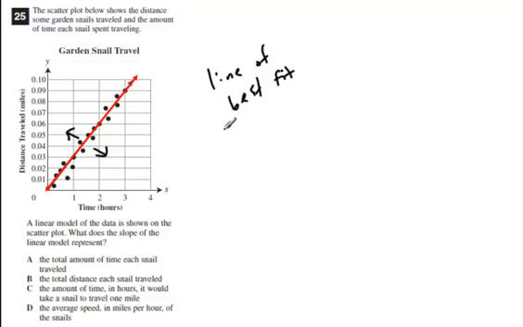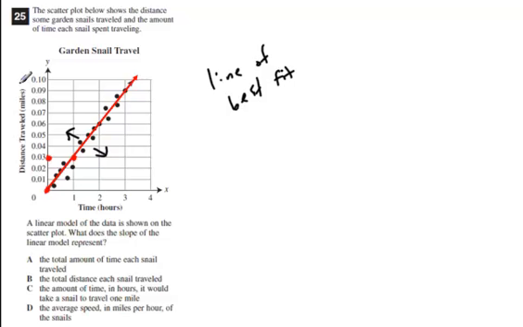We have basically a graph of a line, so we can do a slope triangle. I go up and over, up miles and over time.